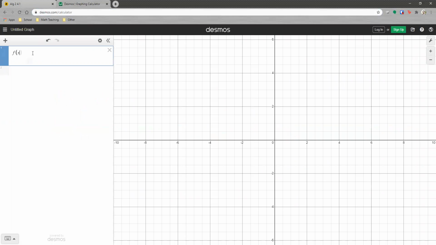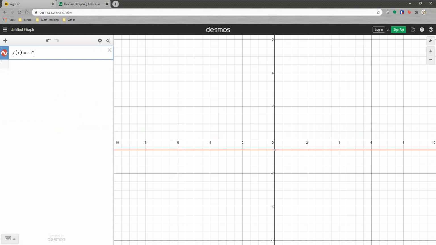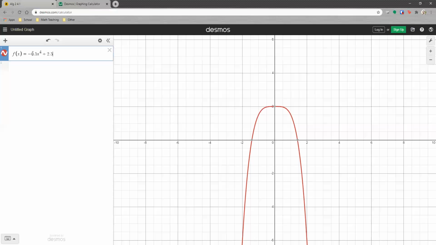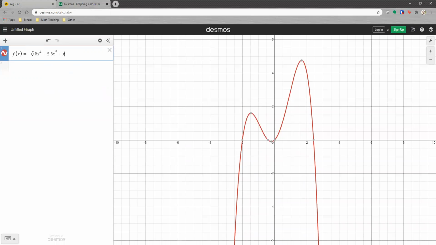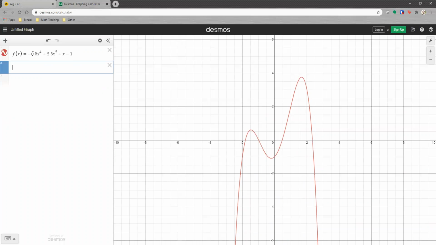F of x equals negative 0.5 x to the fourth plus 2.5 x squared. There's that weird double hump that we had, plus x. Now it looks a little bit weirder, and then minus 1.